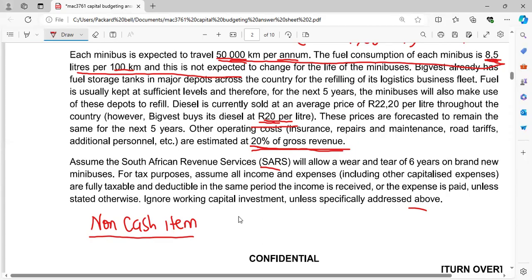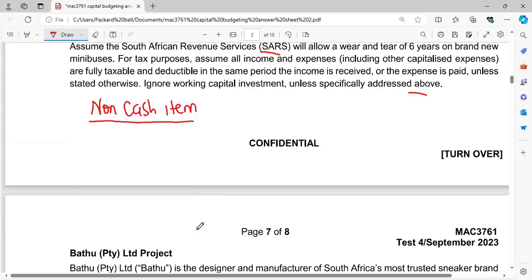Yeah, I can hear what you say, but I also want to know, are those tax allowances cash items? It's for tax purposes, that one. Remember, there's a difference between accounting and tax.